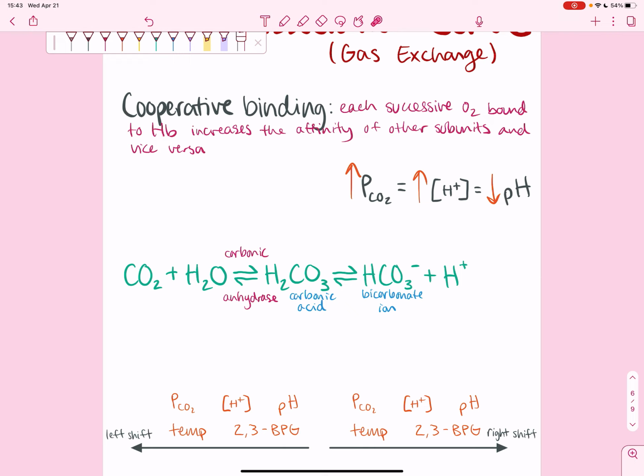Carbon dioxide is largely carried in the blood in the form of carbonic acid, bicarbonate or hydrogen. Carbon dioxide is nonpolar and not particularly soluble, while bicarbonate and hydrogen ions and carbonic acid are quite polar and highly soluble.